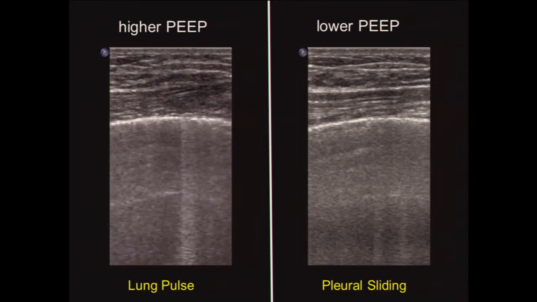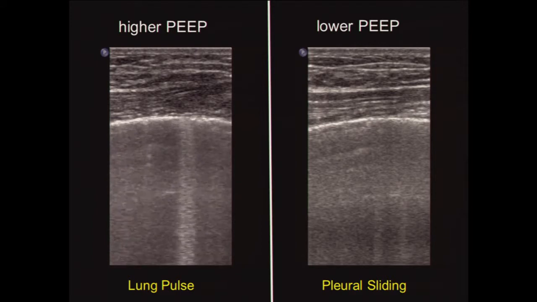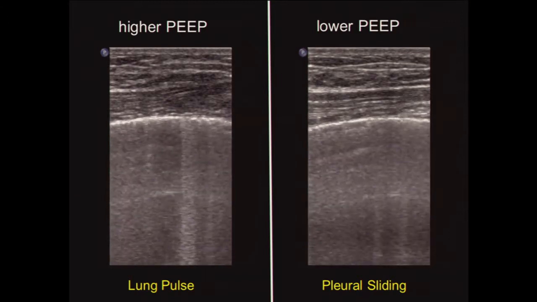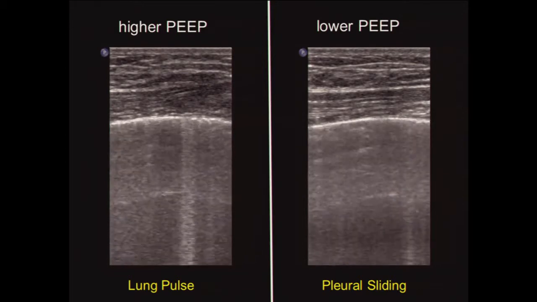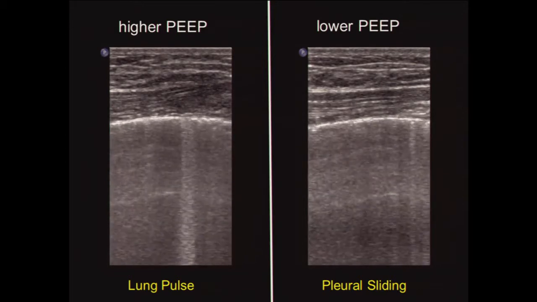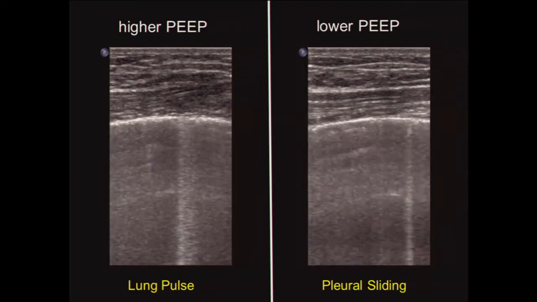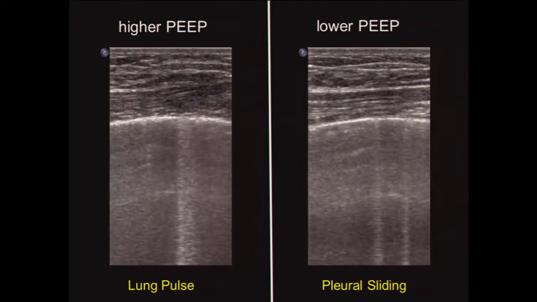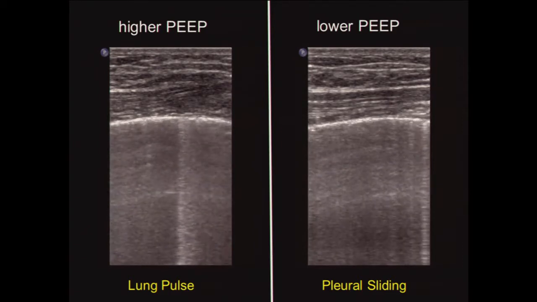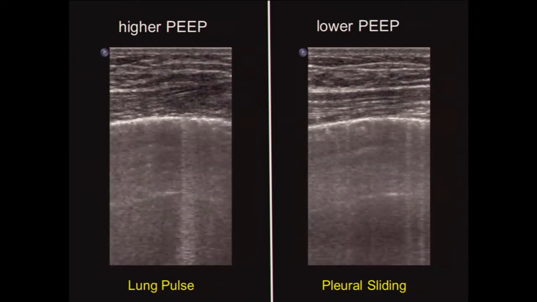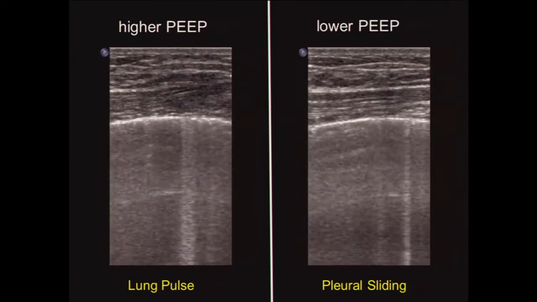Maybe this is an over-distended, non-dependent lung region. We try to decrease PEEP, and you see some pleural sliding is now visible, is detectable. So if you find this increase of lung sliding with a decrease of PEEP, this may suggest that there was over-distension and you decreased over-distension by decreasing PEEP.